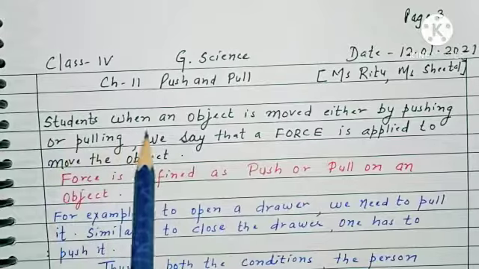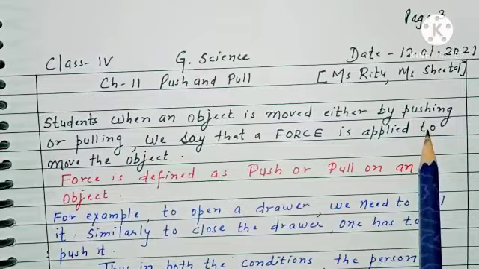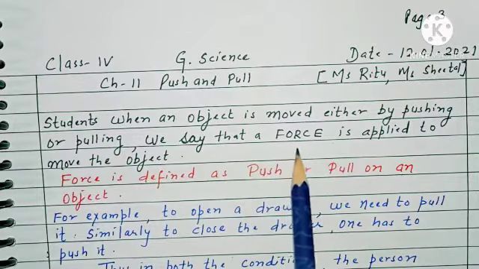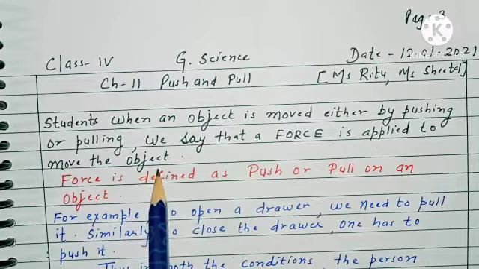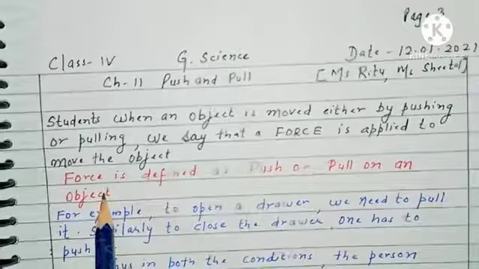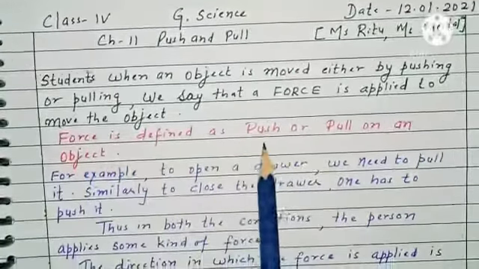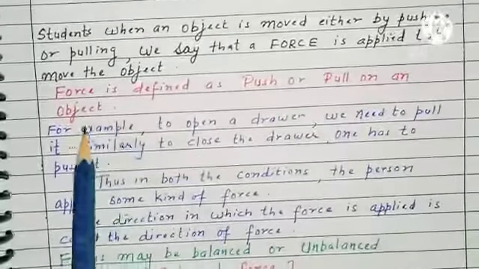Students, when an object is moved either by pushing or pulling, we say that a force is applied to move the object. So, force is defined as a push or pull on an object.